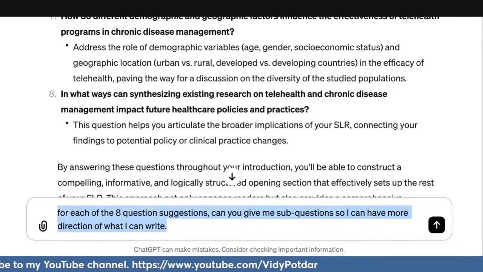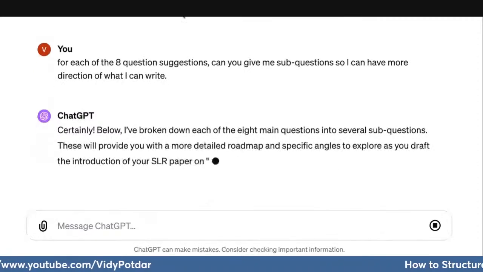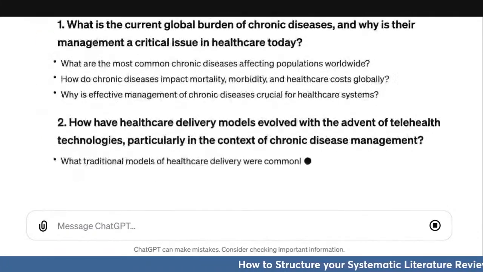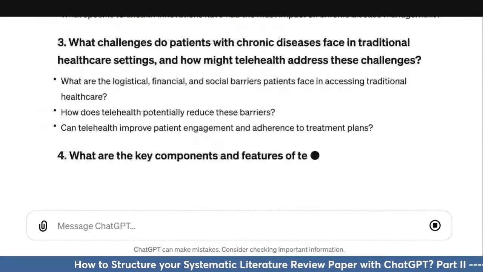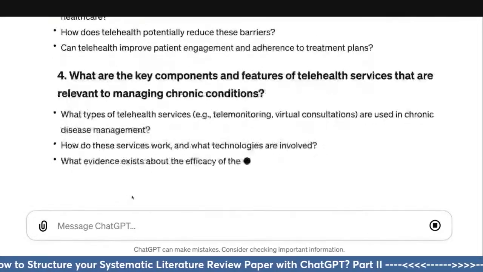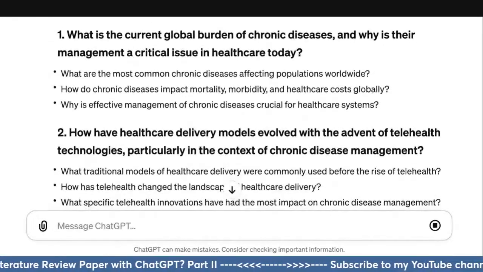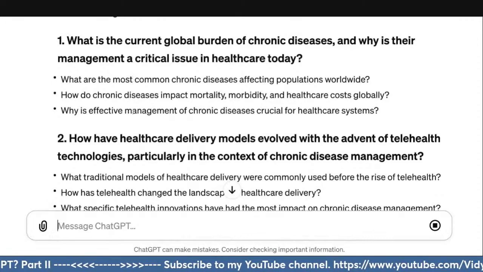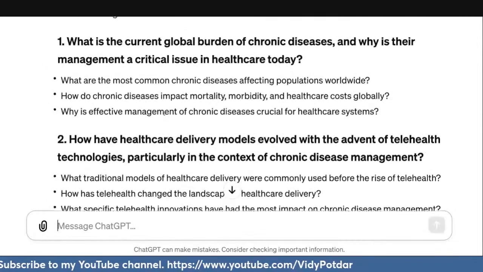Let's see what this gives. So now you see, you have got three suggestions here. So 3 sentences will give you enough to write for this.